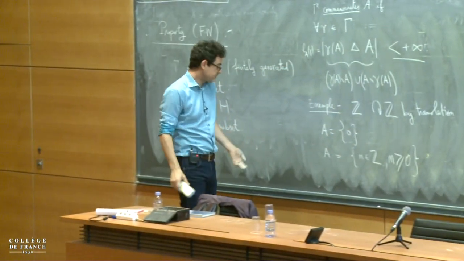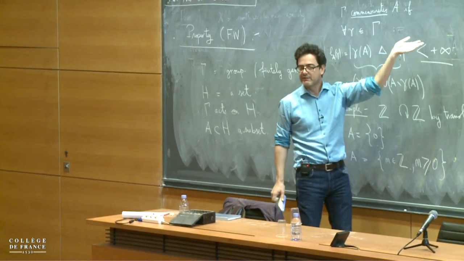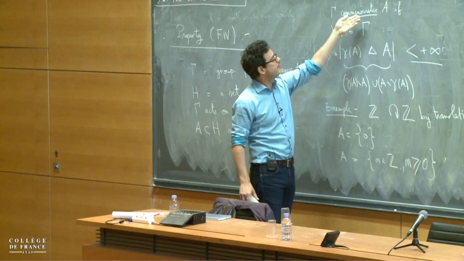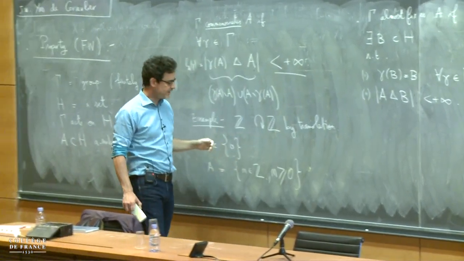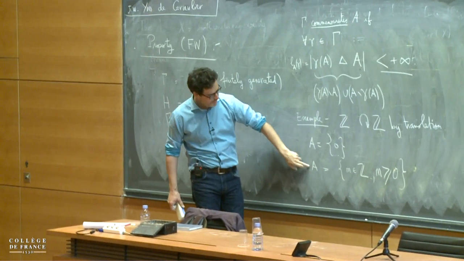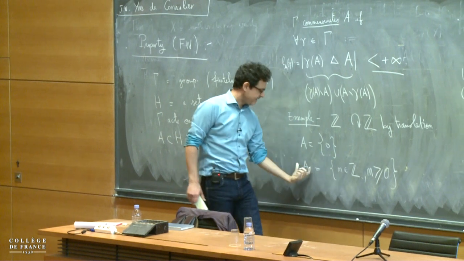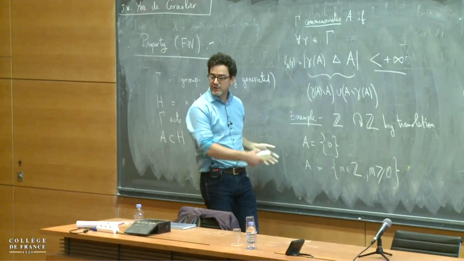So for instance, if you start with a finite set, you can take B to be just the empty set. So all finite sets are commensurated, but they are also almost fixed. But if you look at the second example, there is no way in which you can replace A by a set B which is fixed by translations with a finite difference.